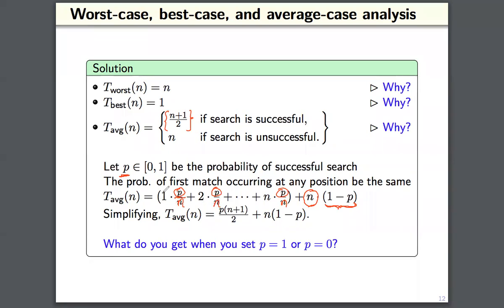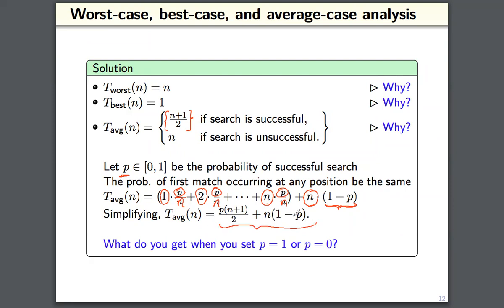If the element is at the first position, the number of comparisons is just 1. If the element is at second position, the number of comparisons required is 2, right? So on. If the element is at the last position, the number of comparisons required is n, right? When you take the average of all this, what do you get?